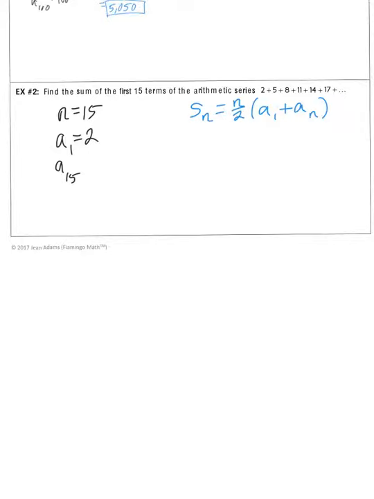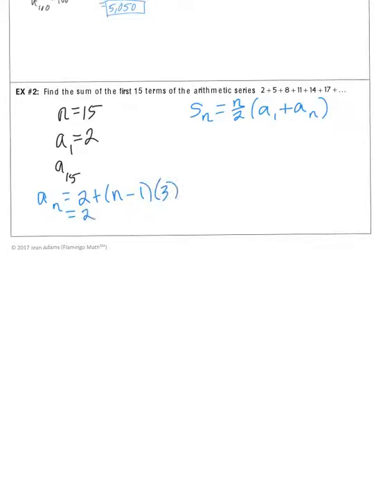So down here, I'm going to do a sub n is equal to, our first term is 2 plus n minus 1 times our common difference of 3.